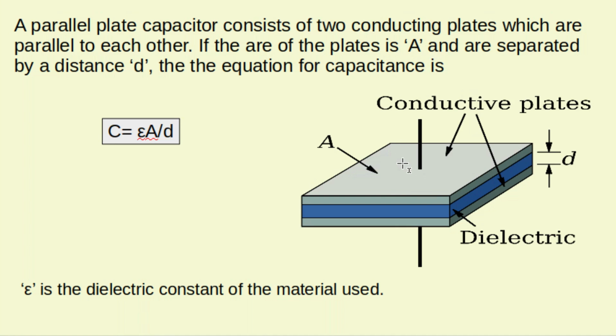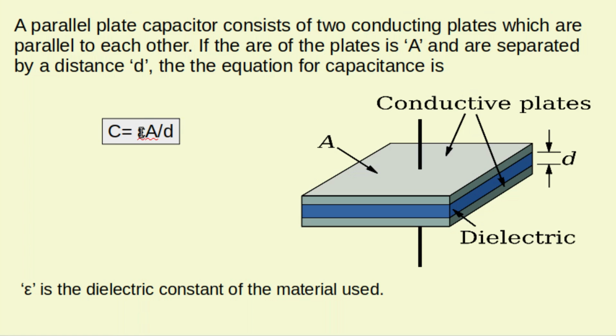So if we have a capacitor with metallic plates of area A, separated by a distance d, then we can write the equation for the capacitance of such a capacitor as C equals epsilon A by d.